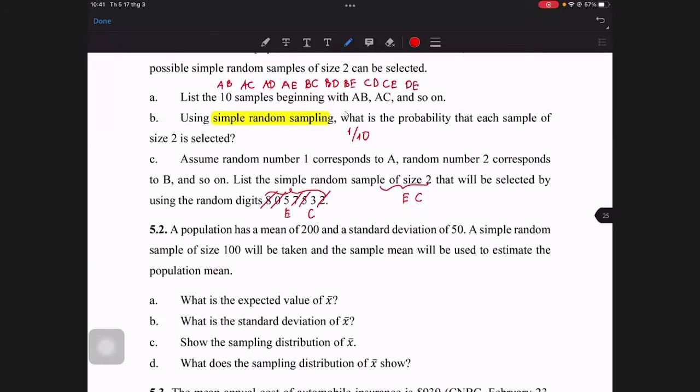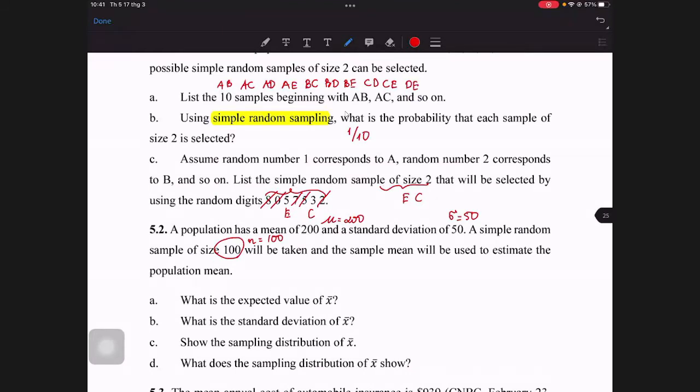The next question here is, we have a population with a mean of 200 and standard deviation of 50. So this is the population mean, mu equal to 200, and sigma equal to 50. We select a random sample of size 100. What is the expected value of X bar?